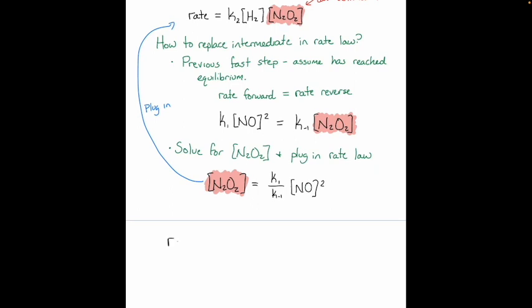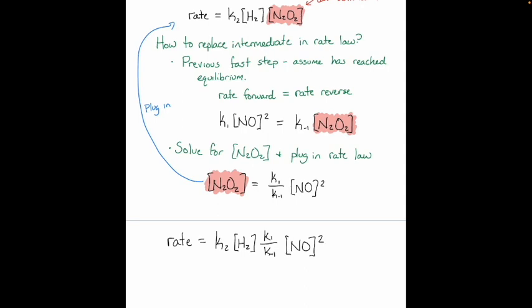So I get rate equals K2 times H2 times K1 over K minus 1 times the concentration of nitrogen monoxide squared.